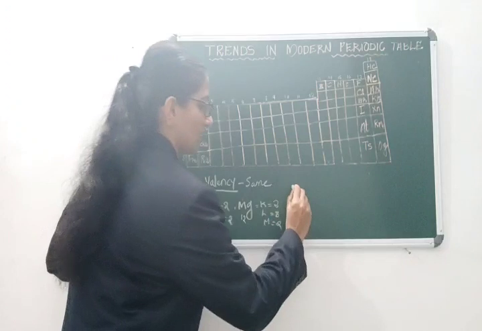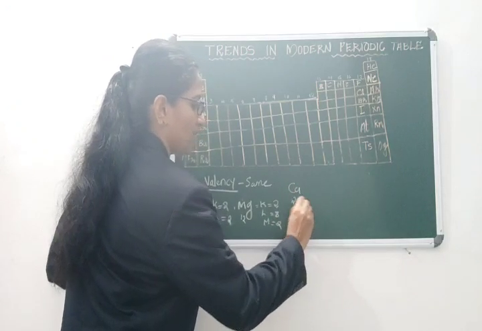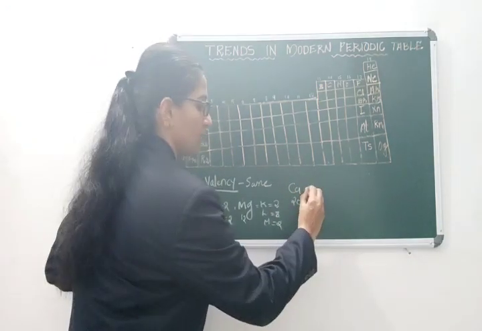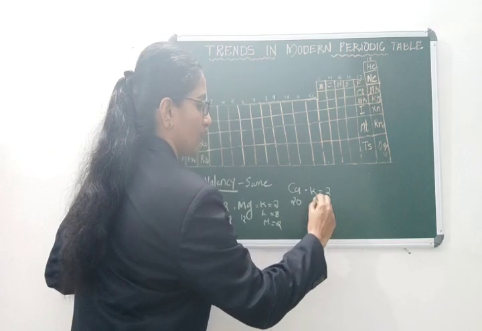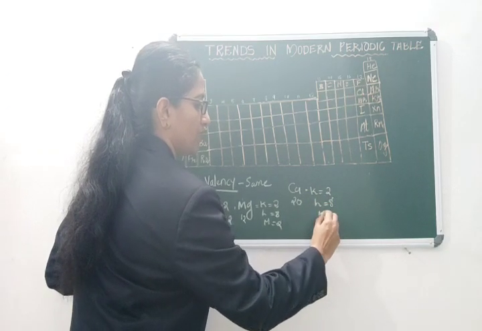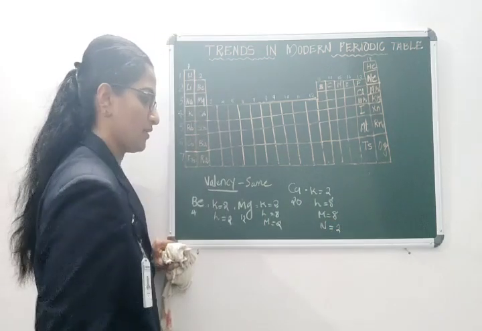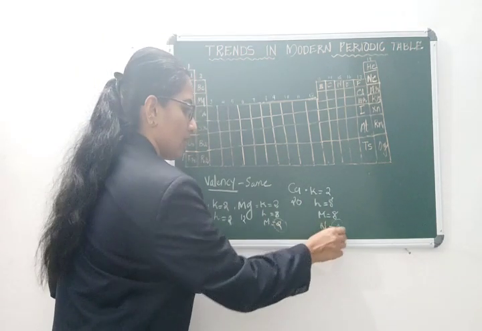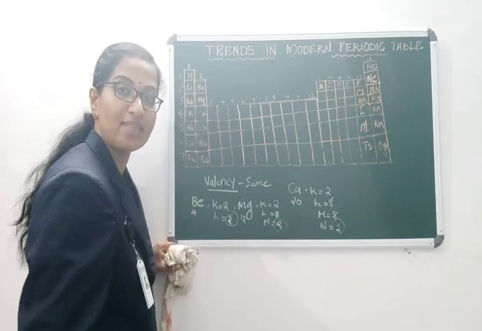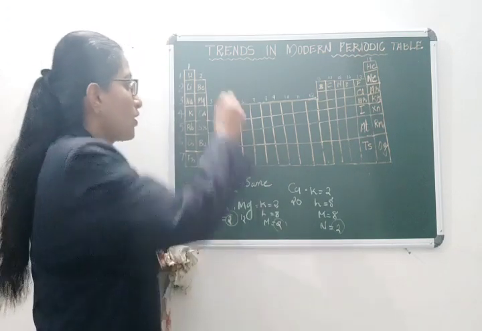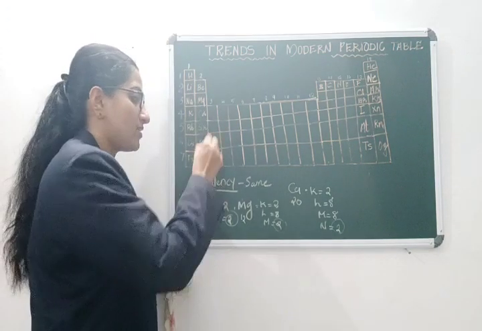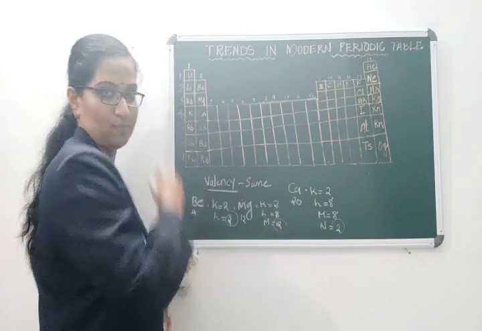If you take calcium with atomic number 20, K is equal to 2, L is equal to 8, M is equal to 8, N is equal to 2. You can see all the elements possess the same valency 2. So in group number 2, all the elements have the same valency 2.